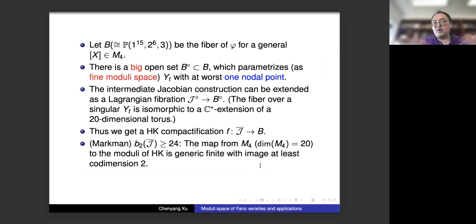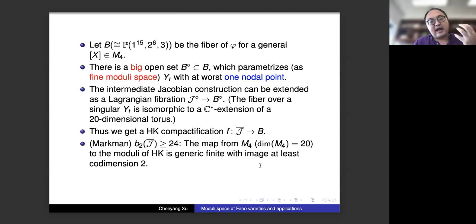So now we know this moduli space. We constructed this moduli space. The main information we need about this moduli space is that outside a codimension 5 closed set, the phi moduli is isomorphic to the cos moduli. So in other words, I can take a big open set B0, which parametrizes the ones with at worst one nodal point.